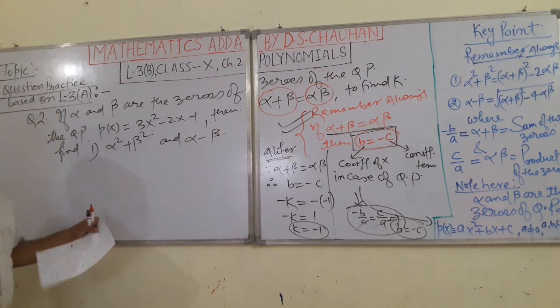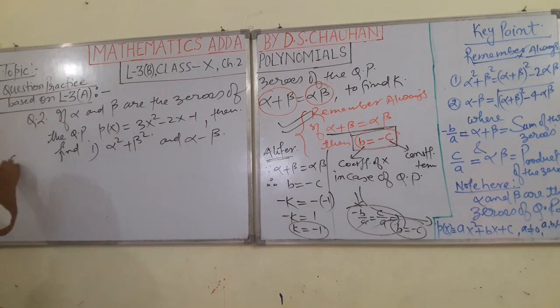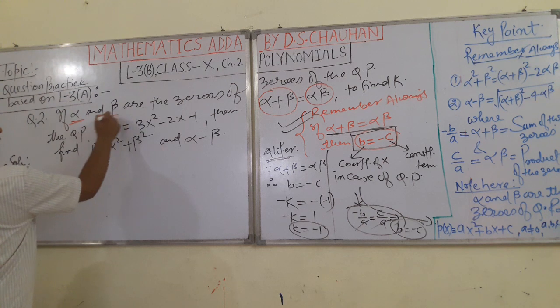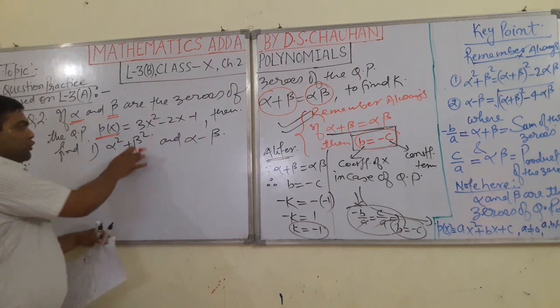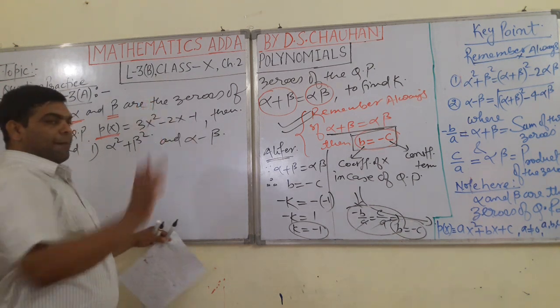One of the best questions, students. See how to do it. I am telling you the way of solving. You try to understand, students. Since alpha and beta are the zeros of this quadratic polynomial, we have to find out alpha square plus beta square and alpha minus beta.